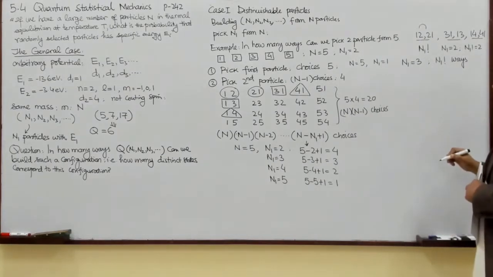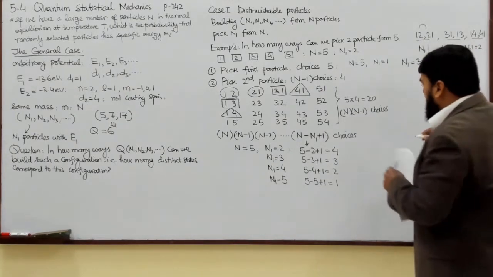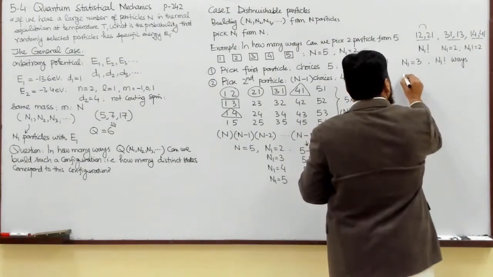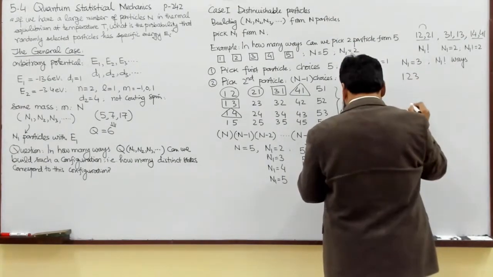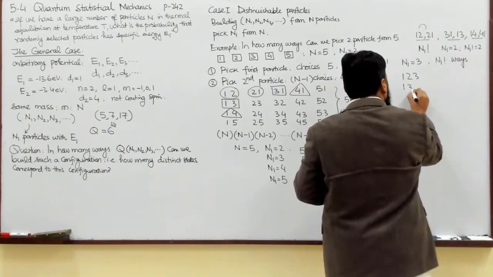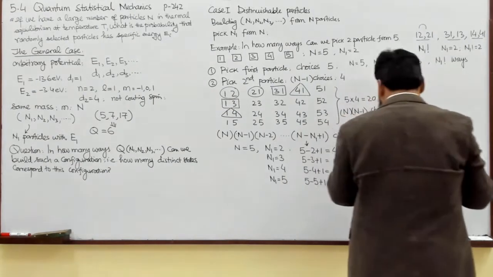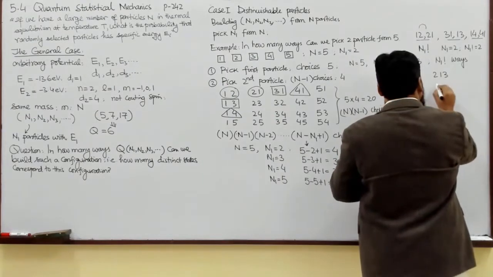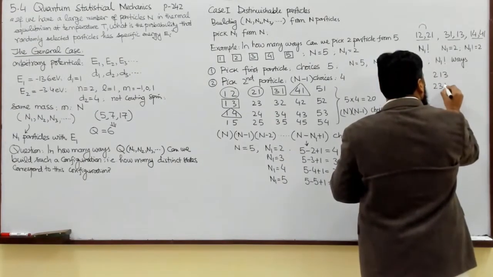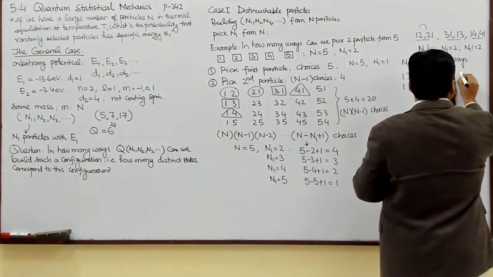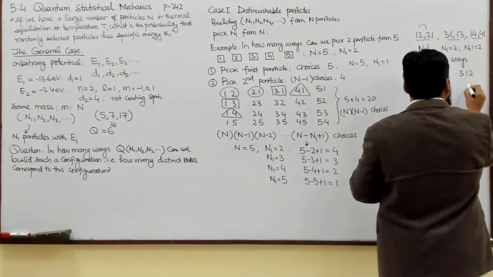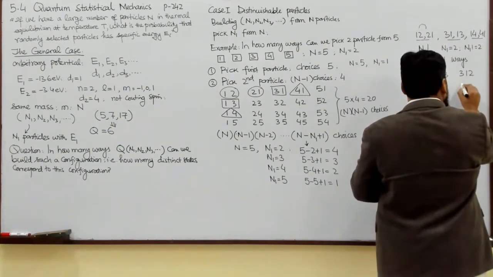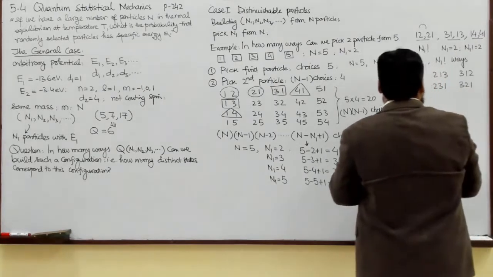Like starting from 3 particles, I can pick 1, 2, 3, then 1, 3, 2. Similarly, 2, 1, 3 and 2, 3, 1, and 3, 1, 2 and 3, 2, 1.